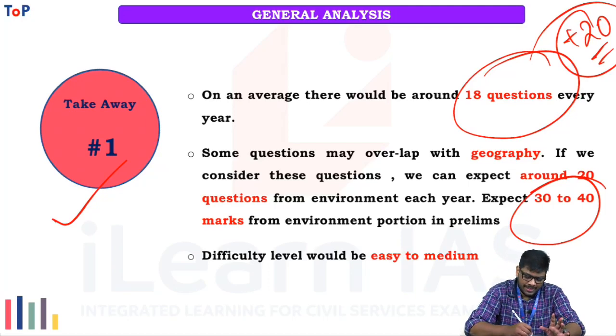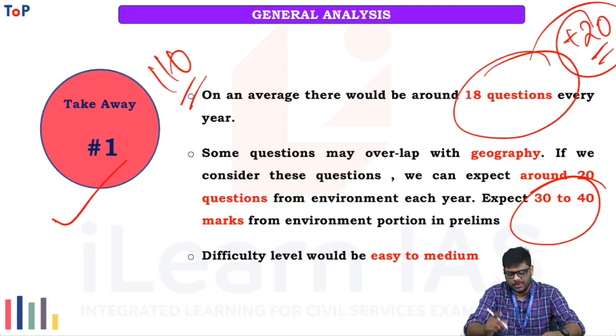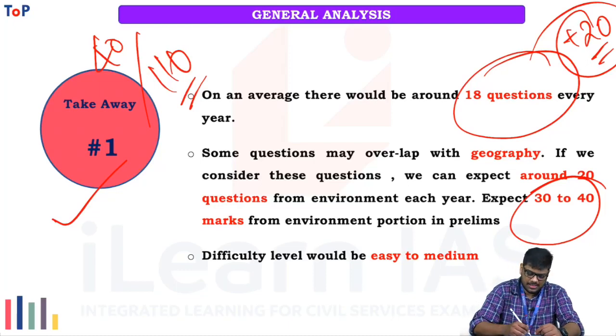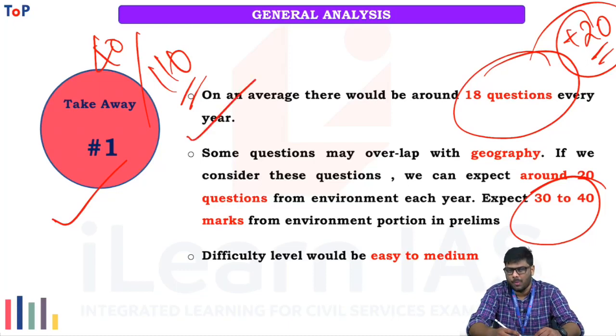Remember that 110 would be the ideal score which will enable you to cross the line with ease, and out of this 110, around 40 marks is from environment alone, which points out the importance of investing time judiciously in the environment topic. So this is the first takeaway you have to take home.